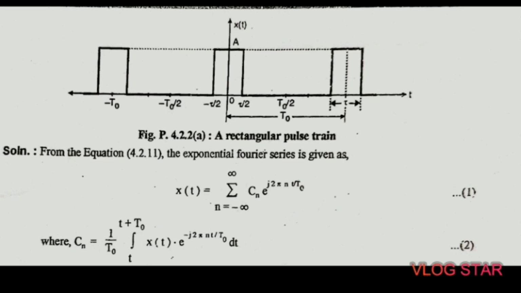So the general equation for calculating the exponential Fourier series is x of t is equal to summation of n is equal to minus infinity to plus infinity of Cn e raised to j 2 pi n t divided by T0, where the value of Cn is equal to 1 upon T0 integration of t to t plus T0 of x of t into e raised to minus j 2 pi n t upon T0 into dt.